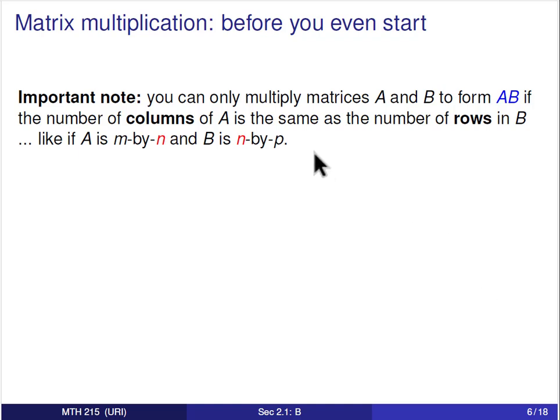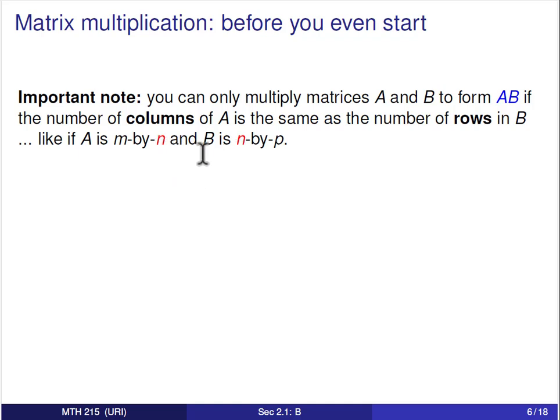You can only multiply matrices A and B if the number of columns of A is the same as the number of rows in B. So if A has m rows and n columns, and B has n rows and p columns, then it's okay because the number of columns of A is the same as the number of rows in B.